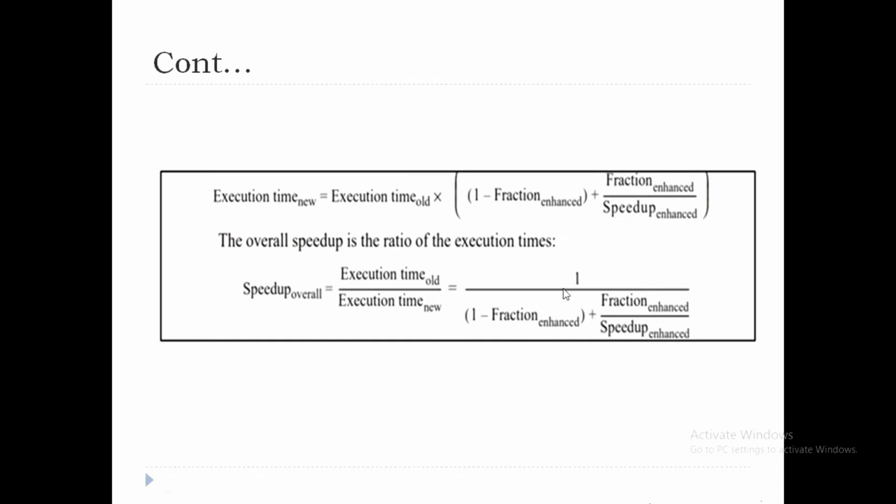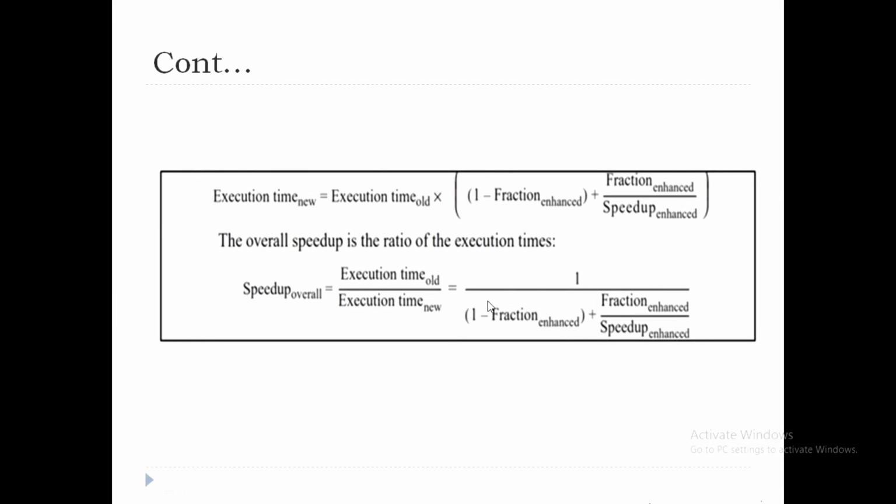We have already discussed how to calculate execution time old divided by execution time new. The execution time old is the execution time without enhancement, and the execution time new is the execution time with enhancement. If you substitute the execution times here, you will get the final equation.